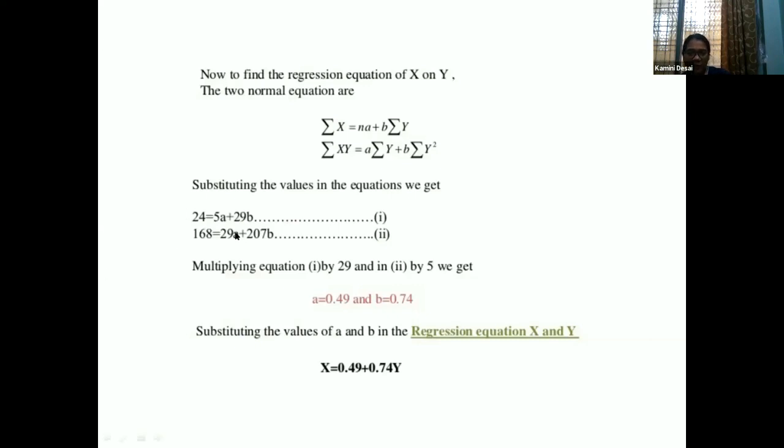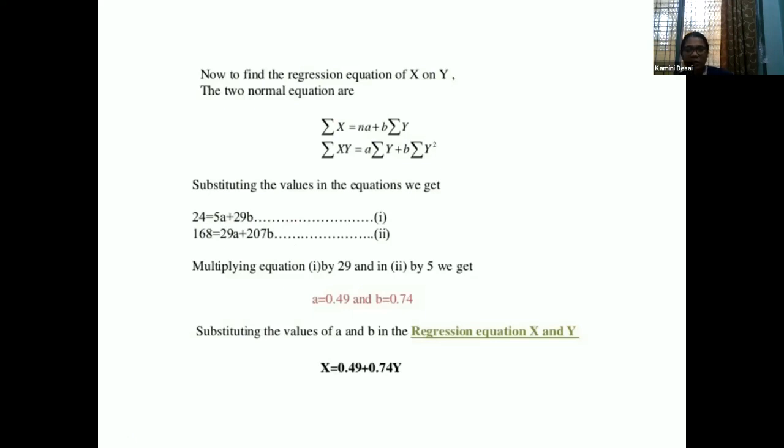So here 29 into 5, or 5 into 29. For that particular coefficient, we can find a is 4.49, and select that one equation. Whatever value you get for a, 4.49, put it in that formula and we will get b. For that, b is 0.74.